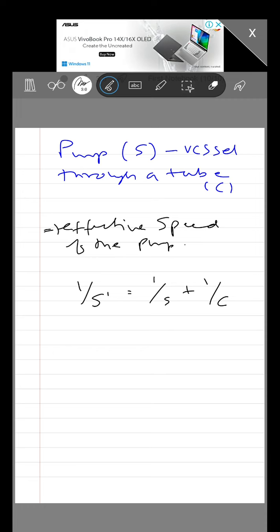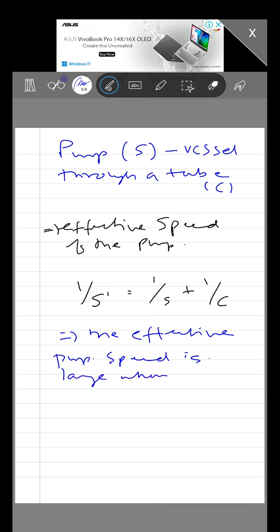So we can also say that the effective speed of the pump, or the effective rate of pumping, is large when the conductance of the conducting tube is large.